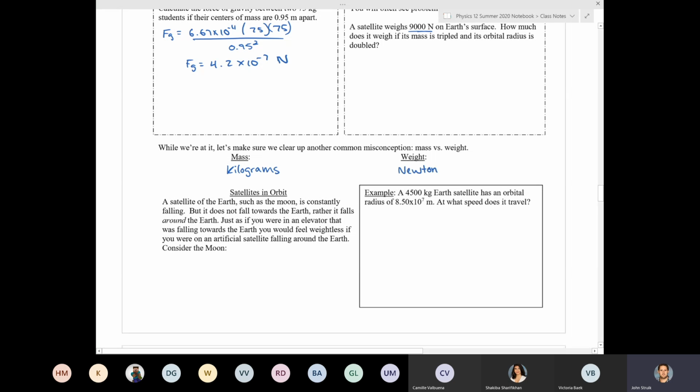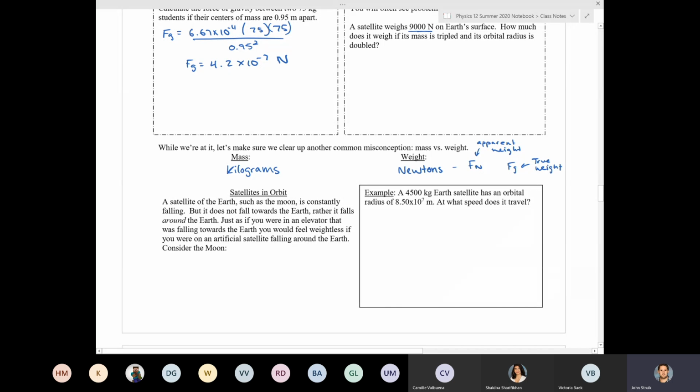Typically this refers to Fn, which is called apparent weight. This is what you feel. And then Fg is your true weight. It's what gravity, what the Earth is doing, pulling you down.